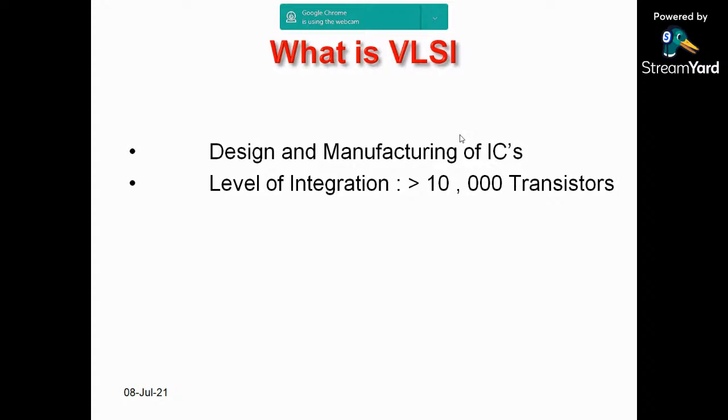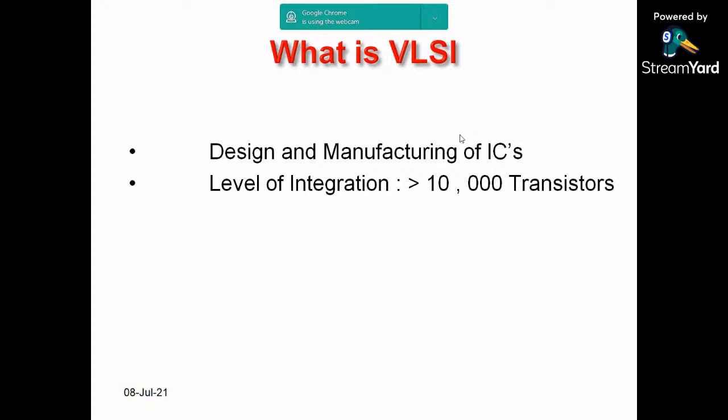We retain this word VLSI even though we have reached the level of integration of billions of transistors. But since the word VLSI is predominantly used, we are still using it. Otherwise, we might have started using the words ultra large scale integrated circuit. That's how the technology has grown.